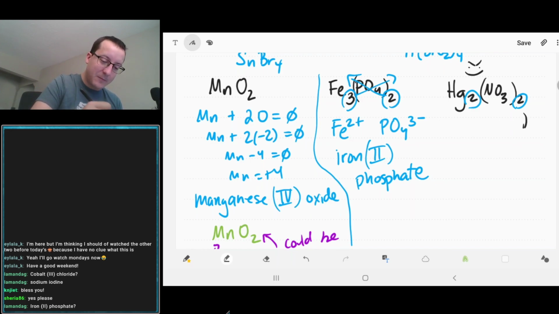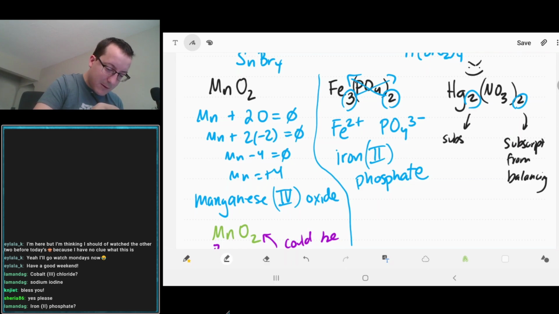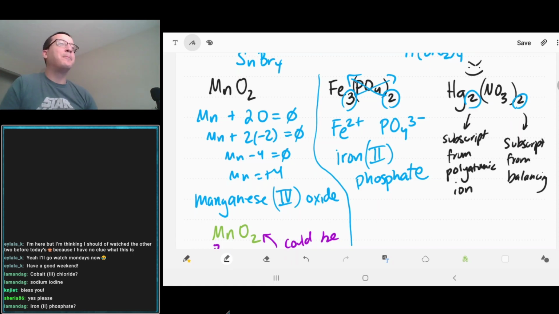So this one is a subscript from balancing. This one is a subscript from a polyatomic ion. And how do we know that? Well, if we look at the nitrate part, the nitrate already has its subscript from being polyatomic, right?